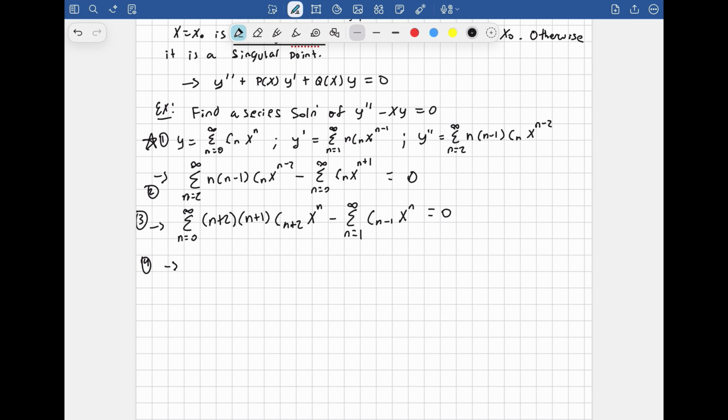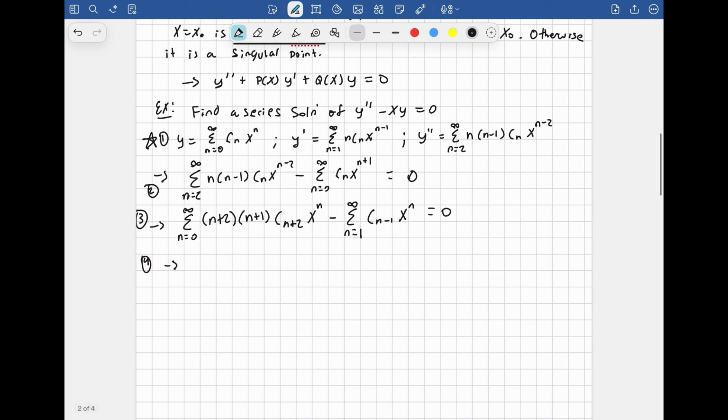Luckily, this is only one term we run off, because this index starts at 1 and this one starts at 0, so we only have to run off one term from this summation to make the indices start at 1. So when n equals 0, we get 2 times 1 times c2 x to the 0, so times 1, so it'll end up being 2c2.